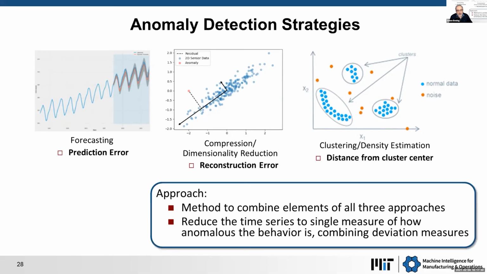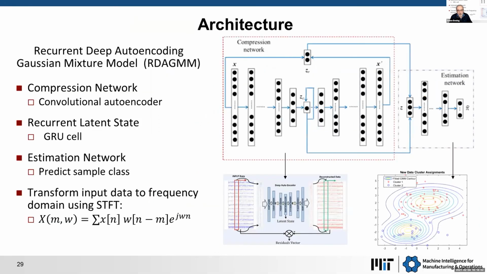So what we thought might be interesting is to take all three of these, with the different components contributing to an anomaly score, whether it's prediction error, reconstruction error from a compression, or clustering distance, and combine all of those in an architecture into a single anomaly measure, and get some of the benefits of all three approaches.